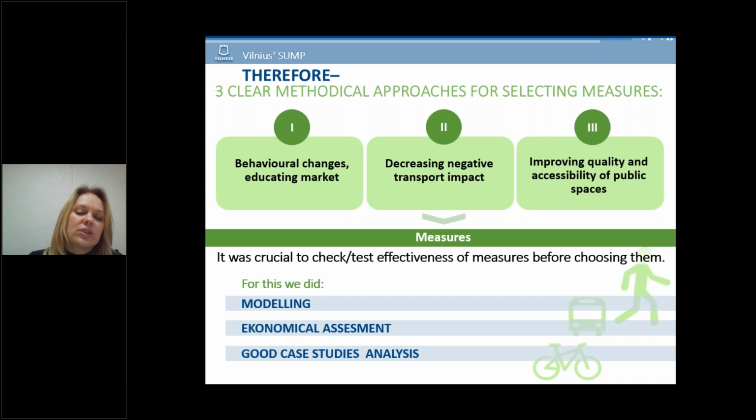And my colleagues did a huge work on assessing economically each measure and each measures group. So technically we did a lot of work to convince ourselves and others about each measure. Practically, already from those pre-expectations, we knew which measures we wanted to suggest and have implemented.